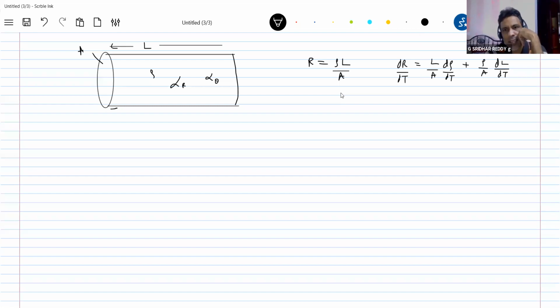Capital T indicates temperature. Then rho L outside, so dA by dT, which will become minus 1 by A square dA by dT.